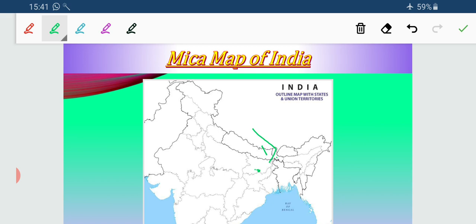Number 2, it is there in Jharkhand, just adjacent to Gaya in the state of Jharkhand. Okay, that is number 2, that is Hazaribagh.